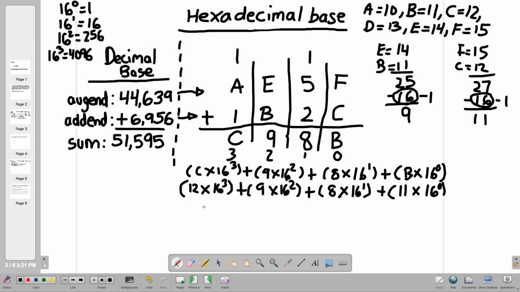Let's see what we have. 16 to the third power is 4,096 times 12, and that's a value of 49,152.